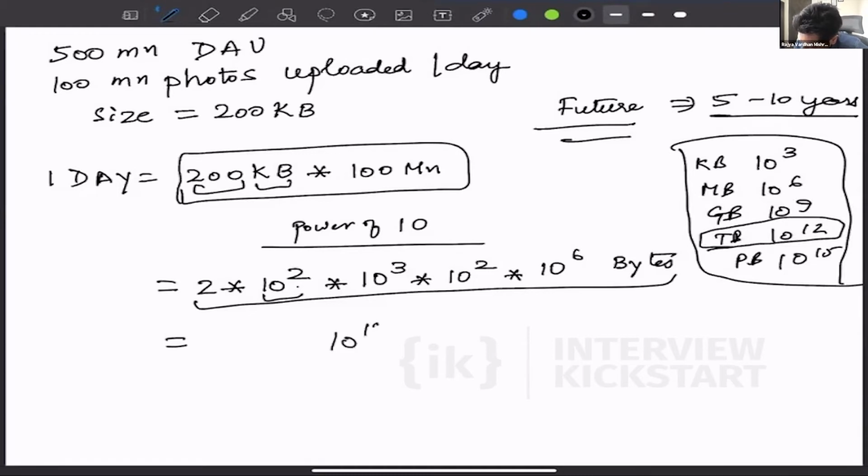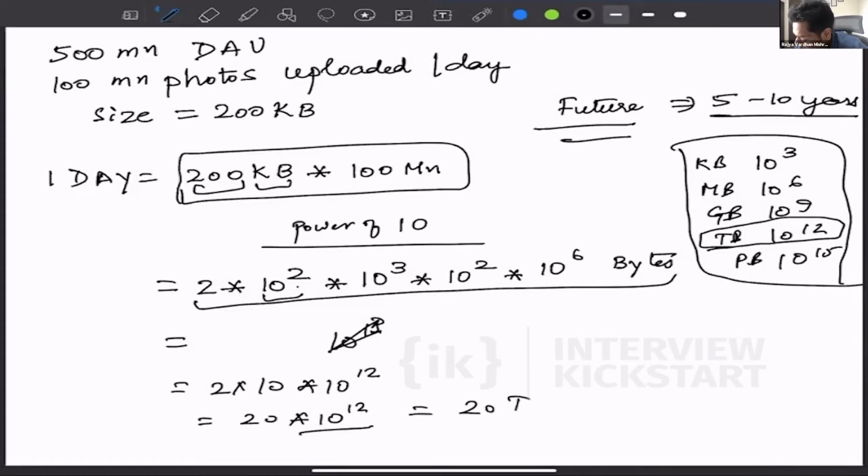So I can write it as 10 times 10 to the power 12, and this 2 is there. So that means 20 times 10 to the power 12, and 10 to the power 12 we know is terabyte. So it is 20 terabyte. Now this is for one day.